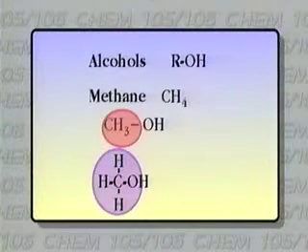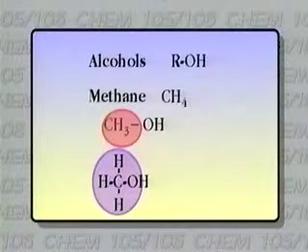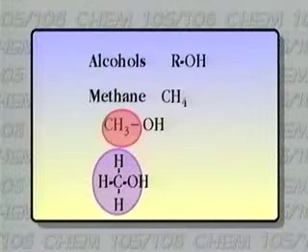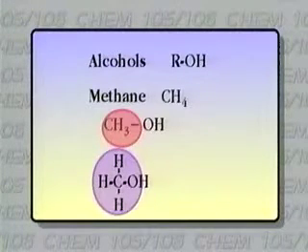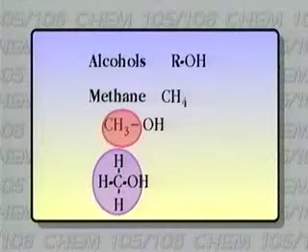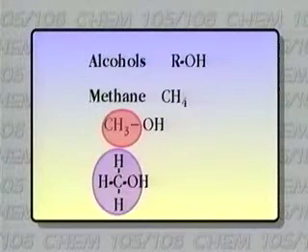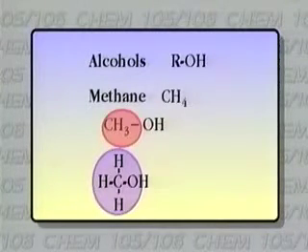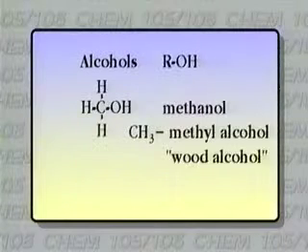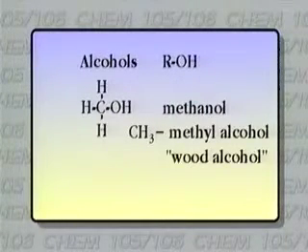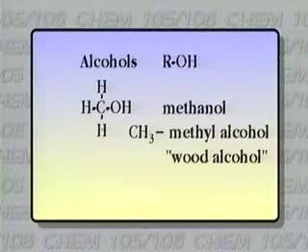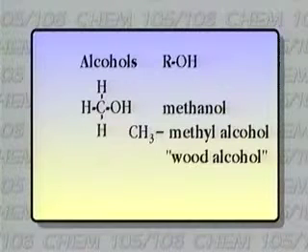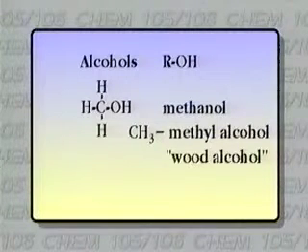Now the official naming of the alcohols is to name the hydrocarbon, drop the last letter, and put in place OL. So for this particular compound that we have here, it would be called officially methanol.